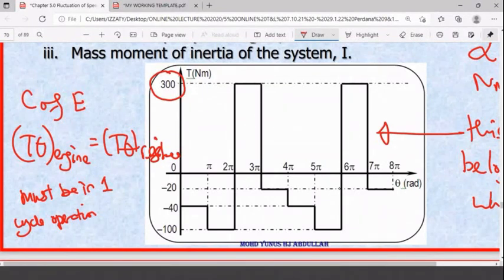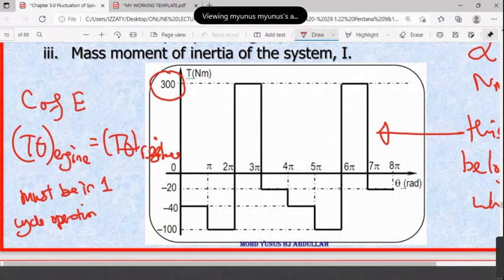Now you tell me, how many cycles do we have here? Anyone tell me, how many cycles? 2 cycles. Thank you. Yes, 2 cycles. How do you know? Look at here. That is why I say you have the ability to read the graph. Reading the graph is not reading the numbers here.